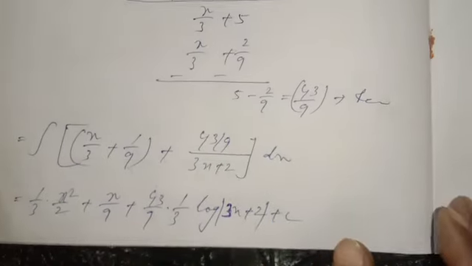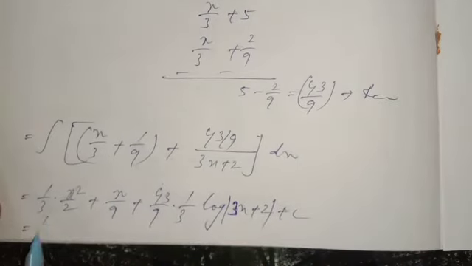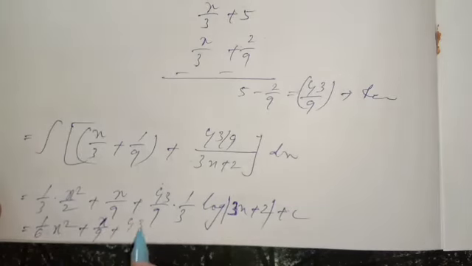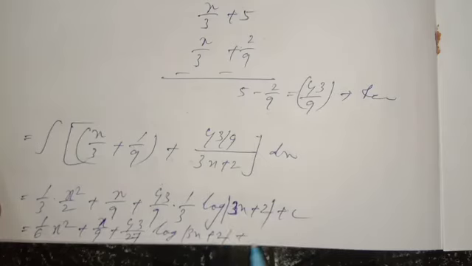The final answer will be x square by 6, plus x by 9, plus 43 by 27 log of 3x plus 2 plus c. This is the answer of number 3. Let us go to the next number.